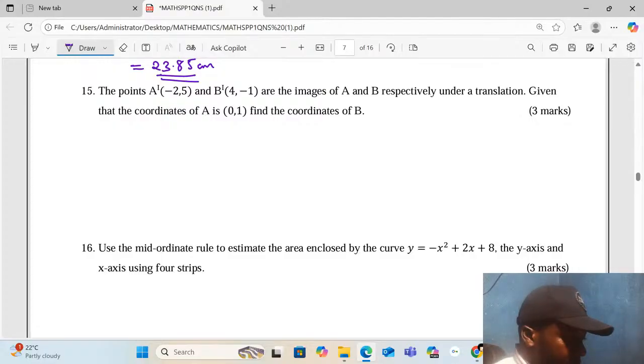We have the points A prime, which is (-2, 5), and B prime, which is (4, -1), are images of A and B respectively under a translation.